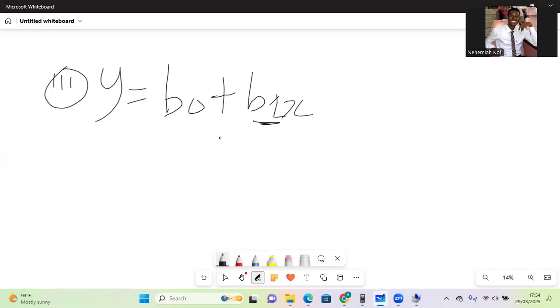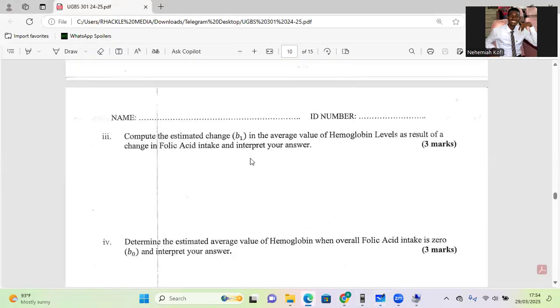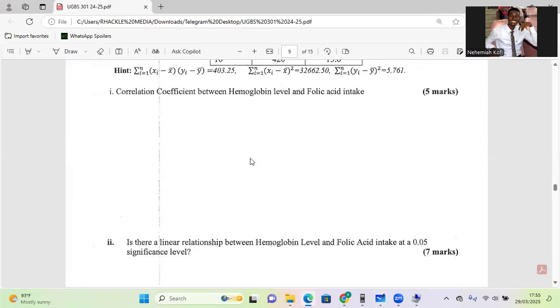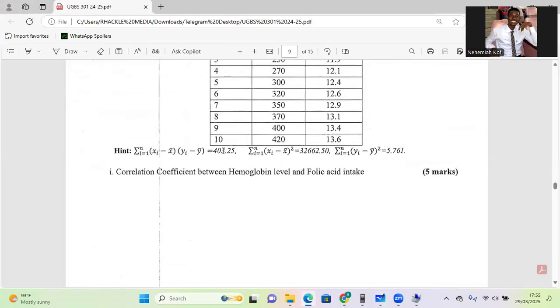They've given us some of the figures already in the question, some clues, some hints. So we are going to use that.